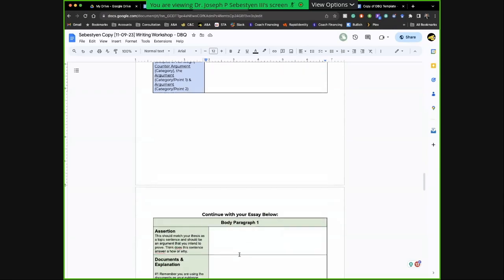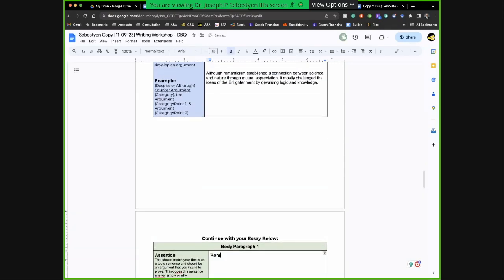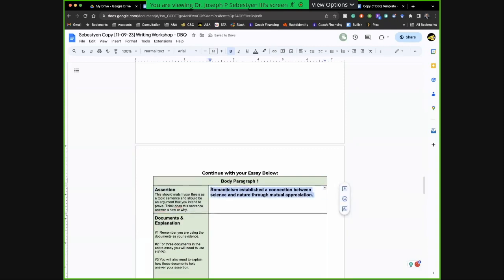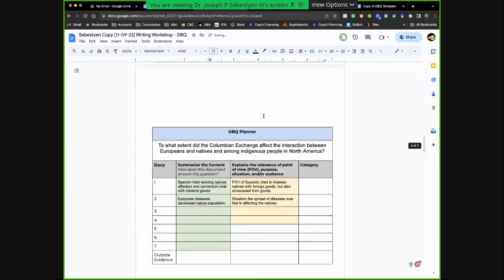So now body paragraph 1, we could say romanticism established a connection between science and nature through mutual appreciation. Period. First sentence, done. What documents deal with the mutual appreciation? Well, the ones that have the connection.